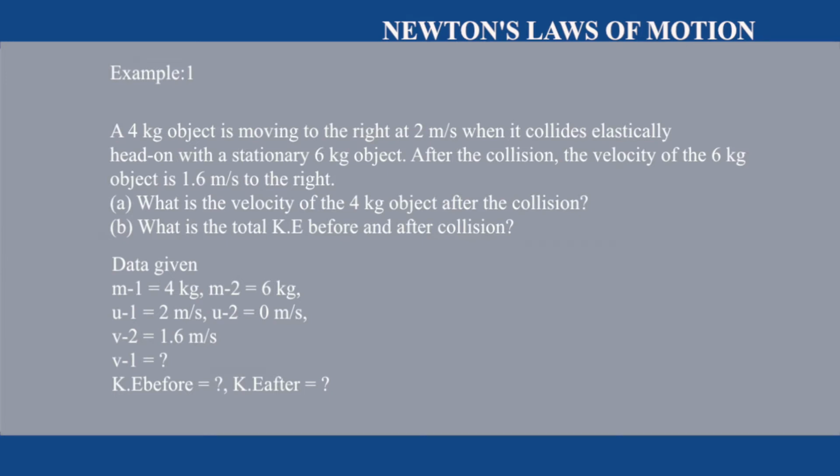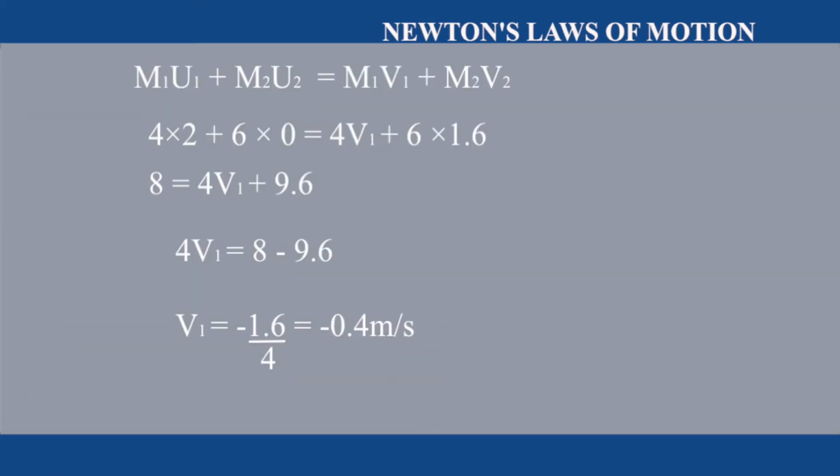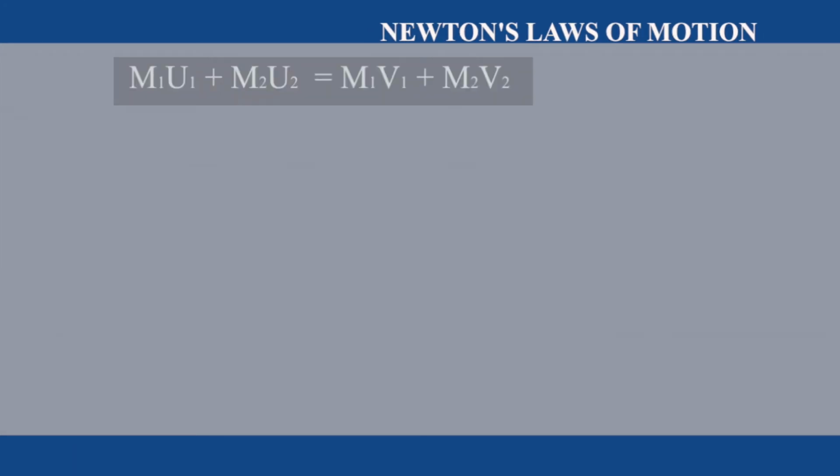For part A, from the principle of conservation of linear momentum, m1 u1 plus m2 u2 equals m1 v1 plus m2 v2.